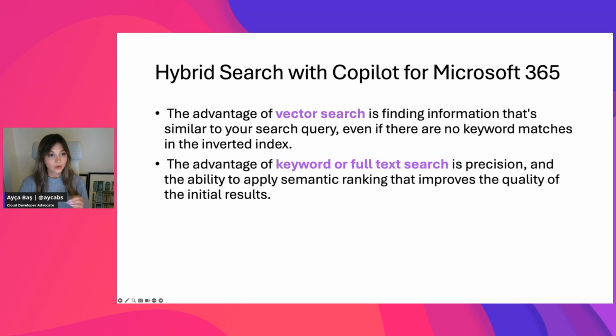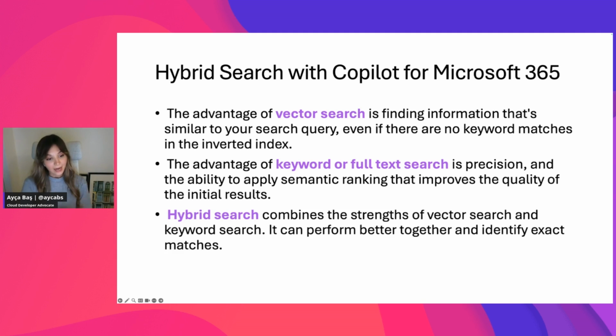As of today, Copilot for Microsoft 365 already has a semantic index behind the scenes. Hybrid search, a combination of vector and keyword, will bring me the strength of both worlds. It can actually perform better with both experiences together, vector and keyword. That's the reason I want to enable Azure AI Search, so that I can use the hybrid search experience in my projects.